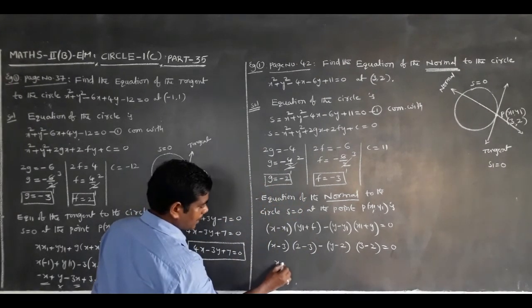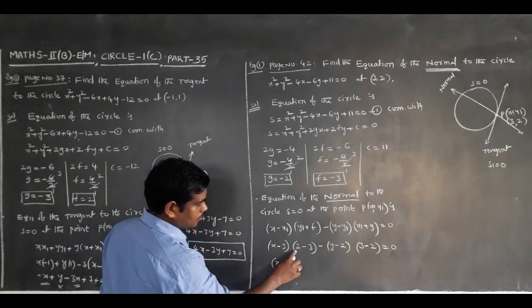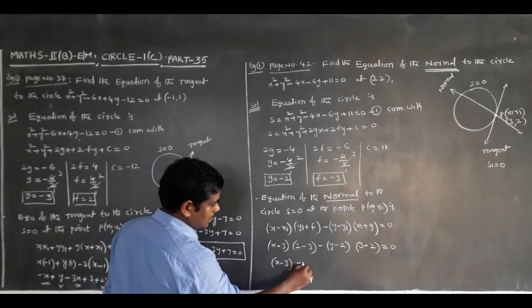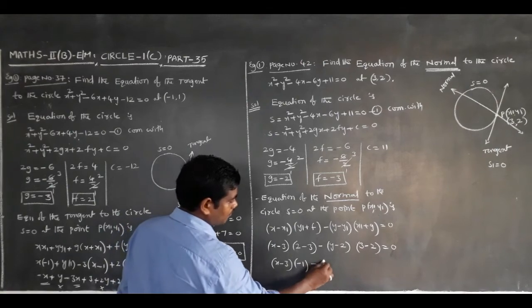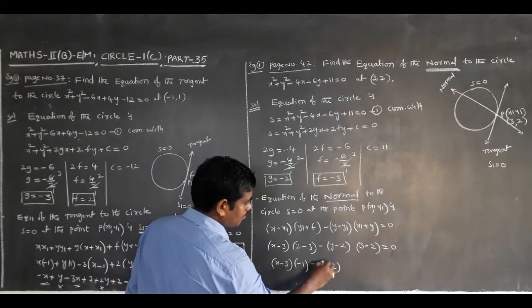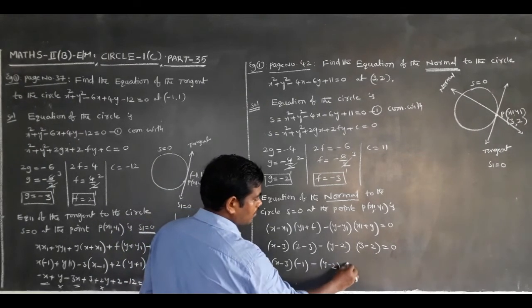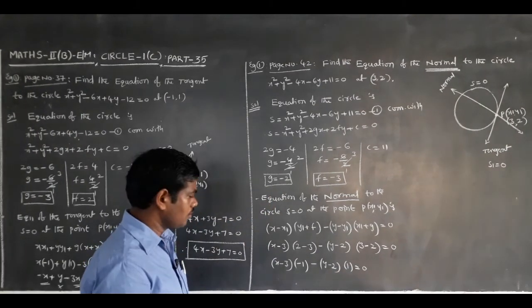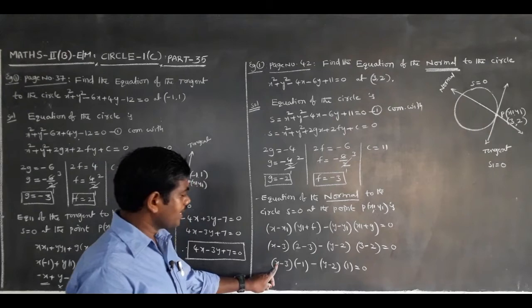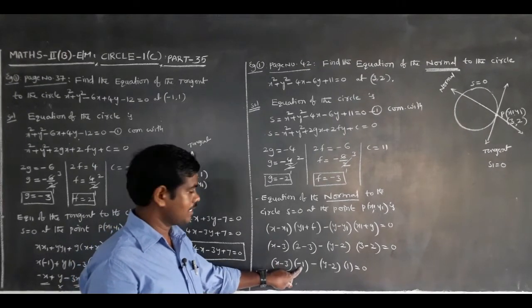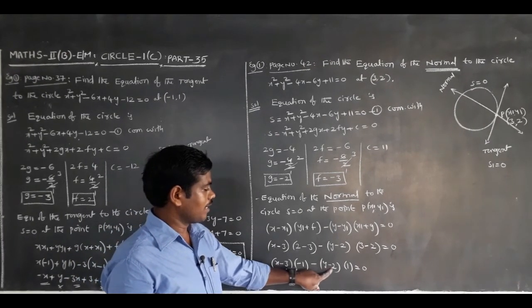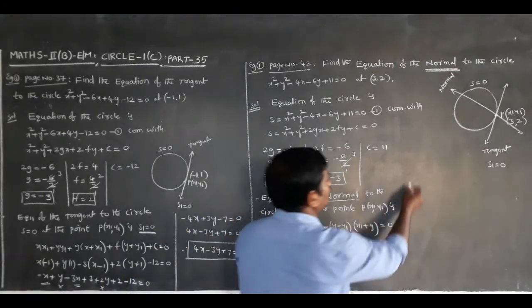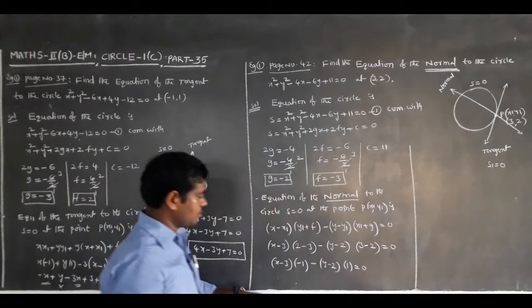Simplify: (x minus 3) into (2 minus 3) minus (y minus 2) into (3 minus 2) is equal to 0. (x minus 3) into minus 1 minus (y minus 2) into 1 is equal to 0.